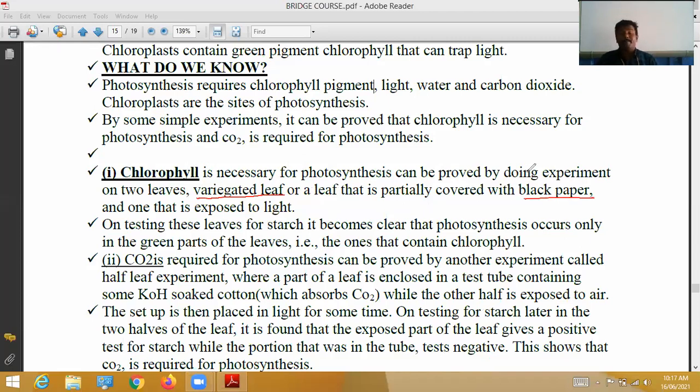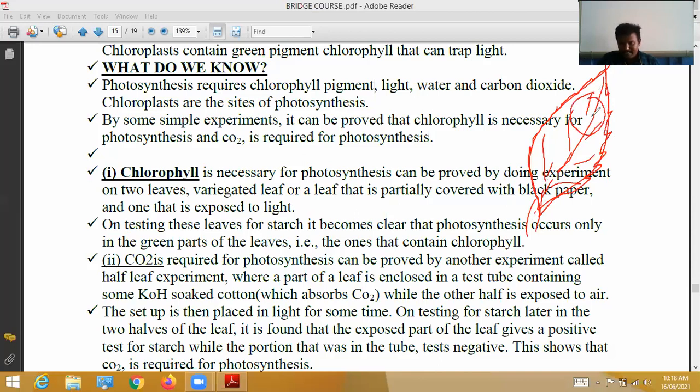See, in some plants, the leaf surface area will be like this. This is the leaf surface area.